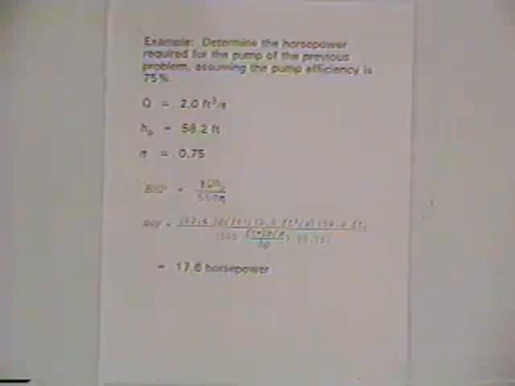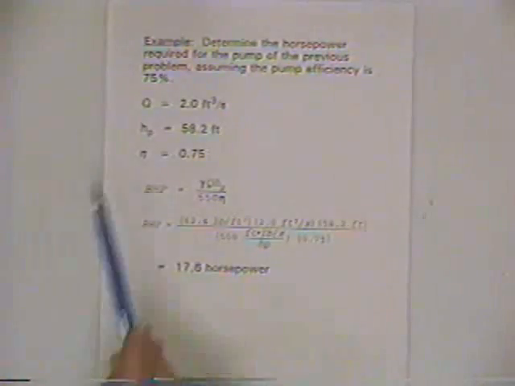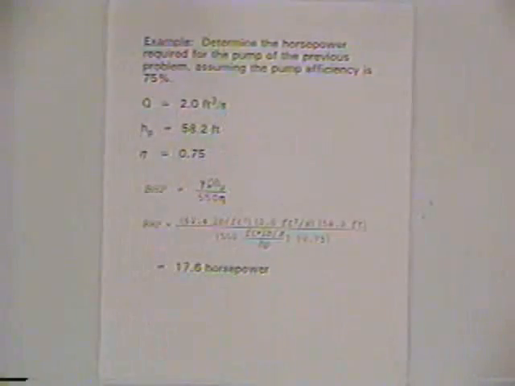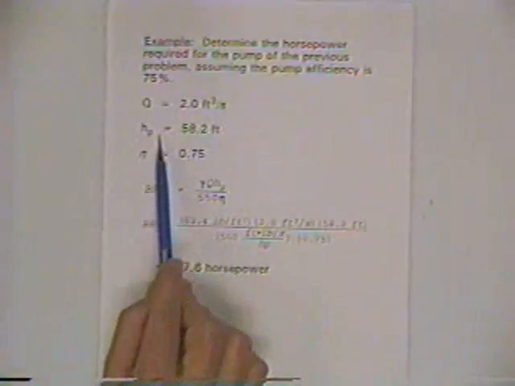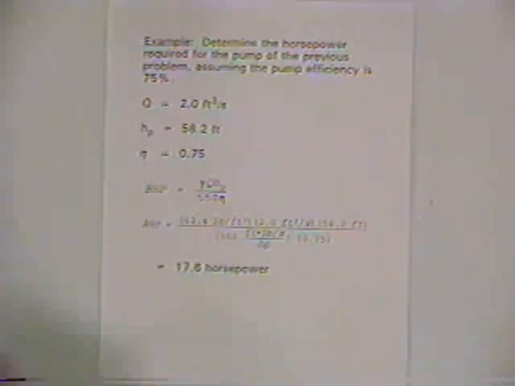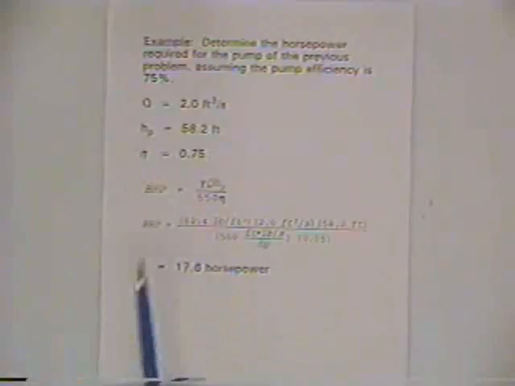So if we wanted to determine the horsepower required for the pump of the previous problem, assuming the pump efficiency is 75%, and in the example we just finished, we were given a discharge rate of 2 cubic feet per second, and we computed the pump head required to pump that discharge rate, and we got 58.2 feet. This problem is telling us that the efficiency is 0.75, and this is giving us some numbers to plug into the power equation.